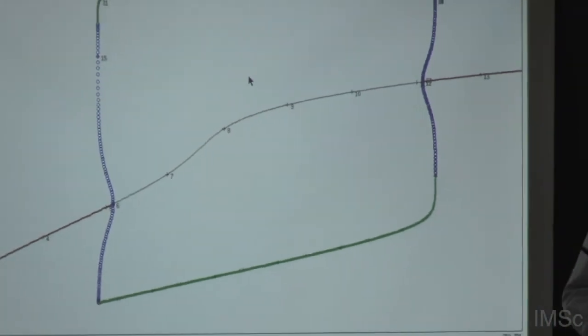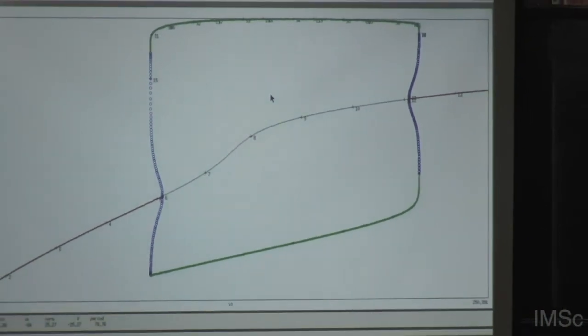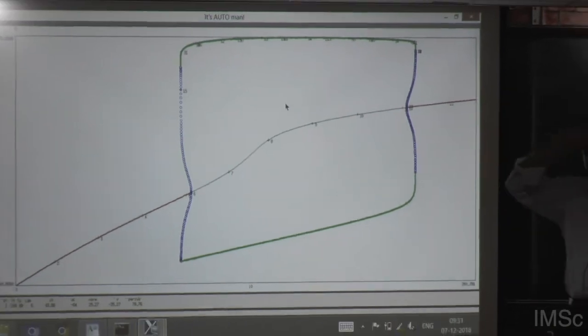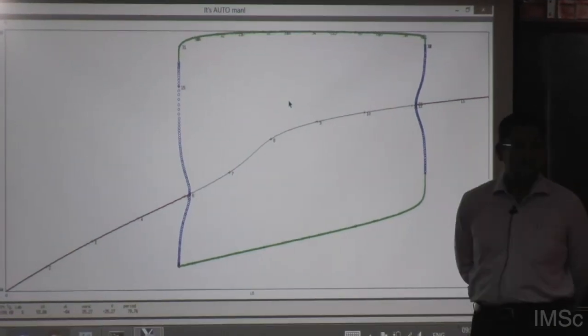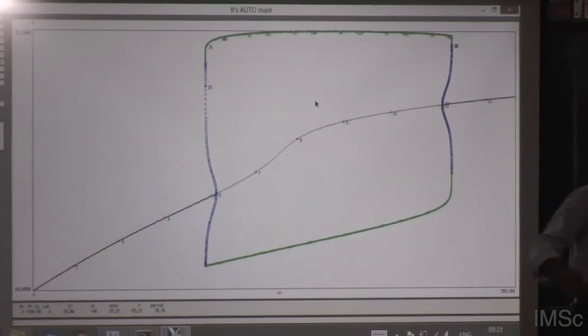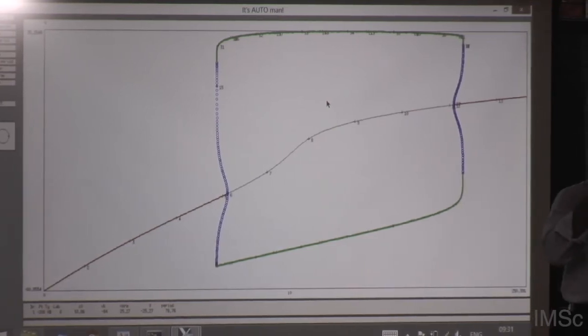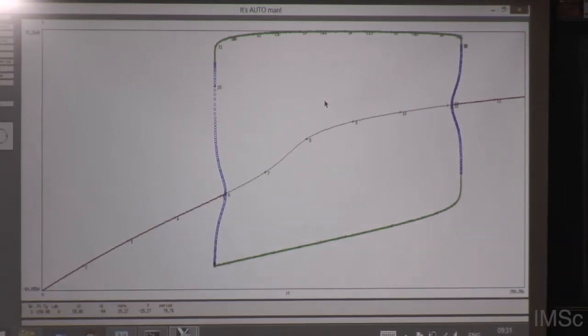I know that some of you already know what a Hopf point or Hopf bifurcation is, but we'll discuss it in a little more detail, at least from a qualitative point of view, so that you can get a flavor of what is happening over here.